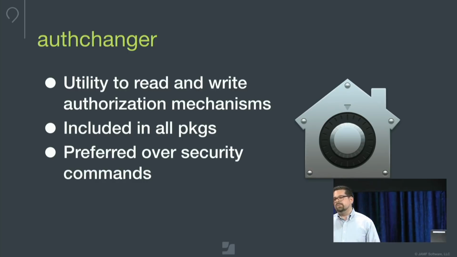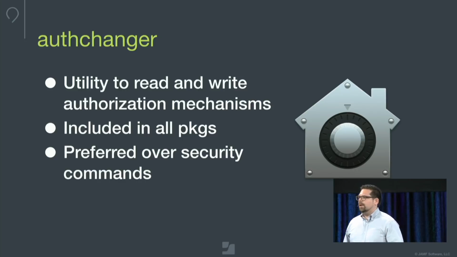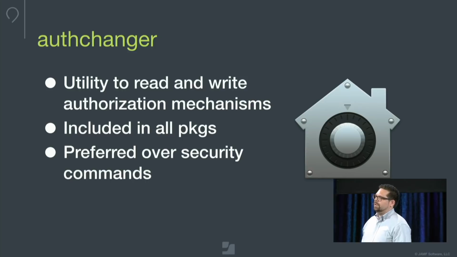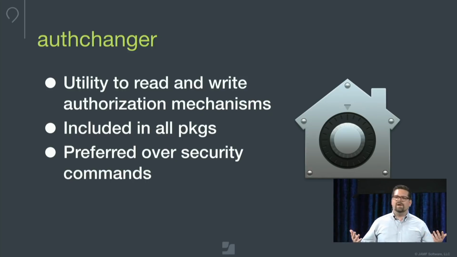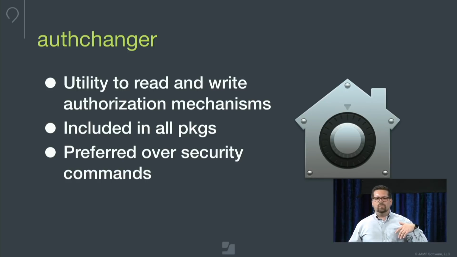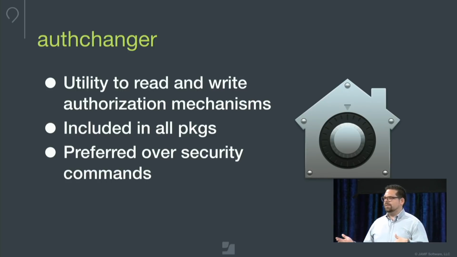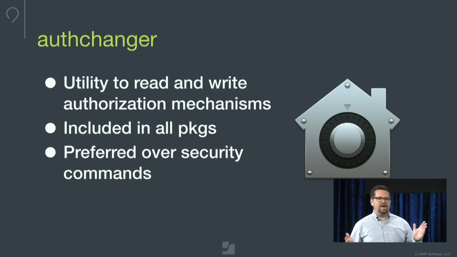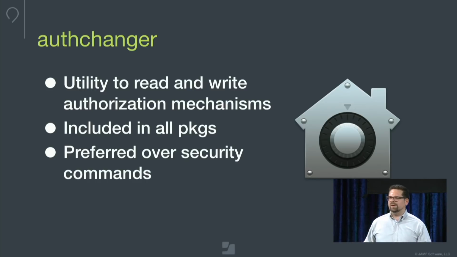The reason for that is because AuthChanger can do a bunch of things. Like I said, it can read and write mechanisms. Before, we just had a text file of all the mechanisms listed. It's basically an XML file that had them all listed out, and we would use that file with the security command to pipe in and out. Having a static file on disk that you need to reference over and over to modify something as important to your machine as logging in is probably not stable.